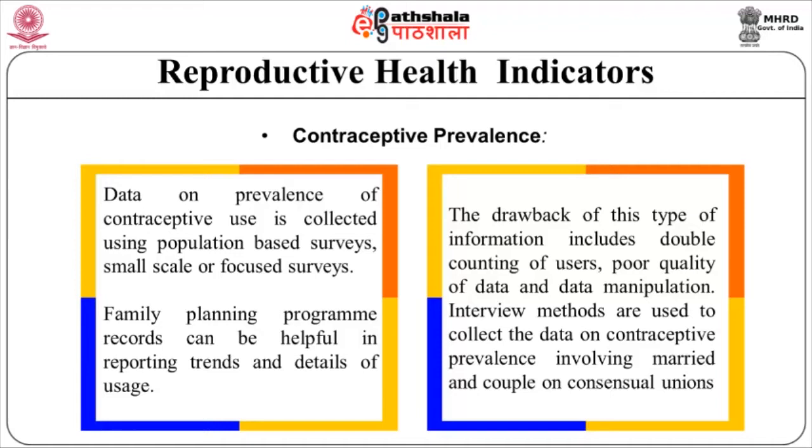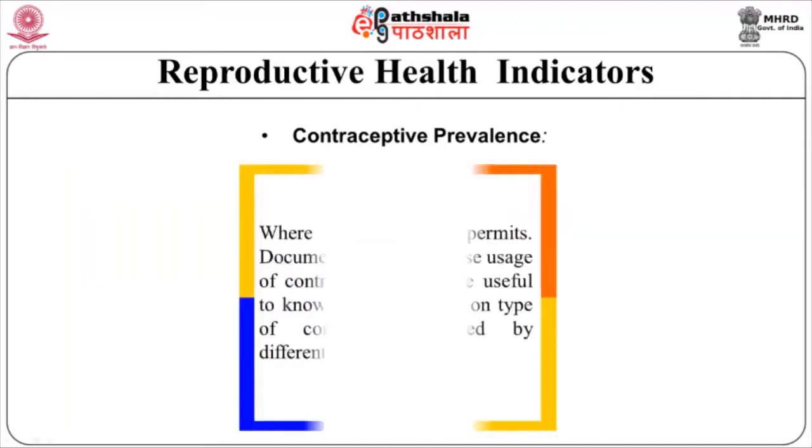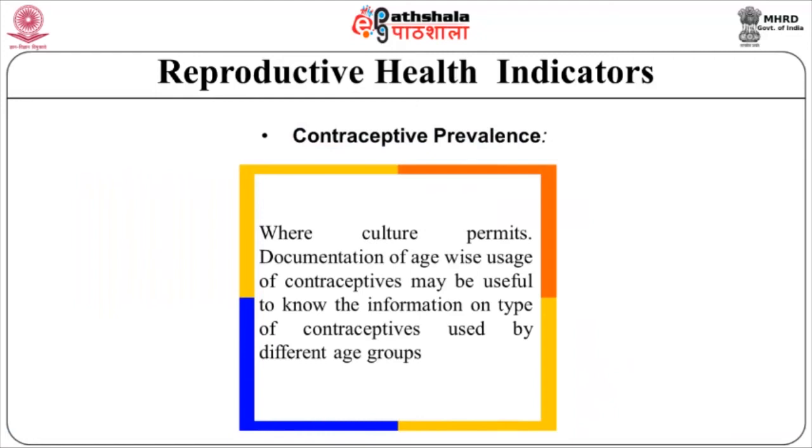Interview methods are used to collect data on contraceptive prevalence, involving married couples and couples in consensual union where culture permits. Documentation of age-wise usage of contraceptives may be useful to know the type of contraceptives used by different age groups.